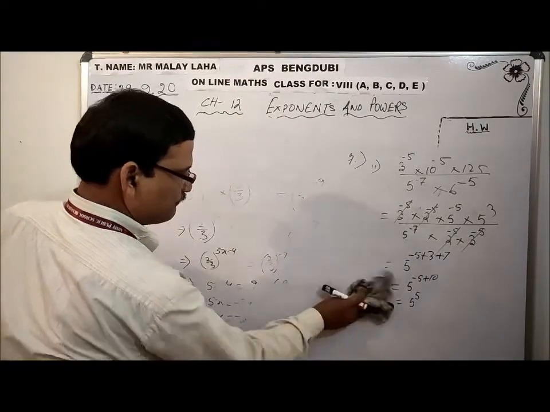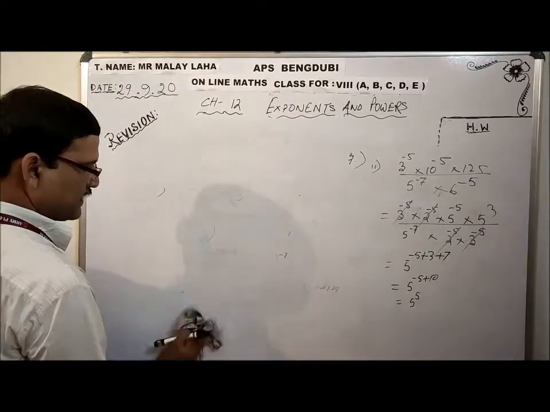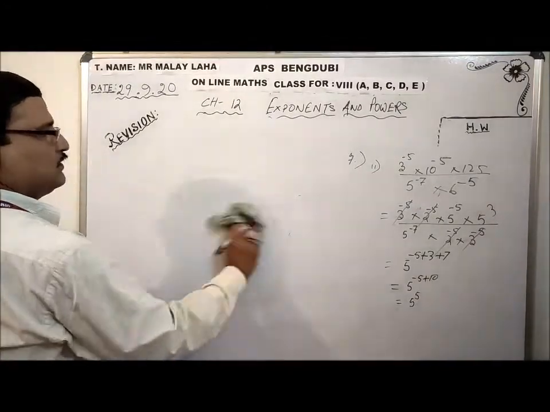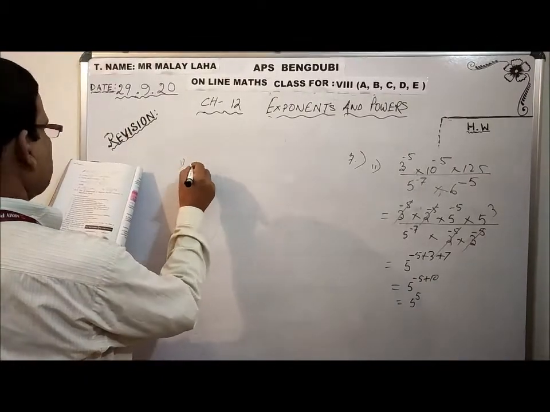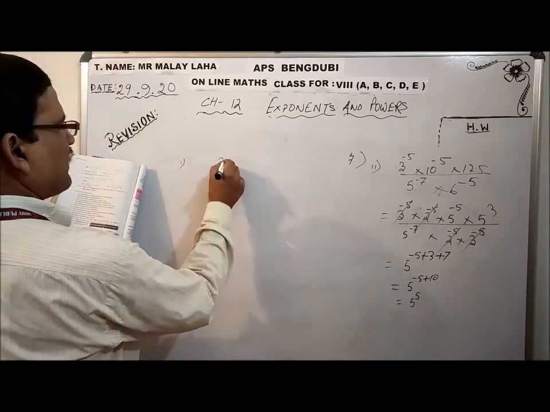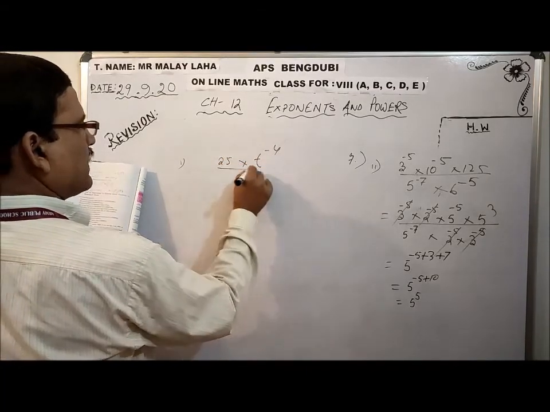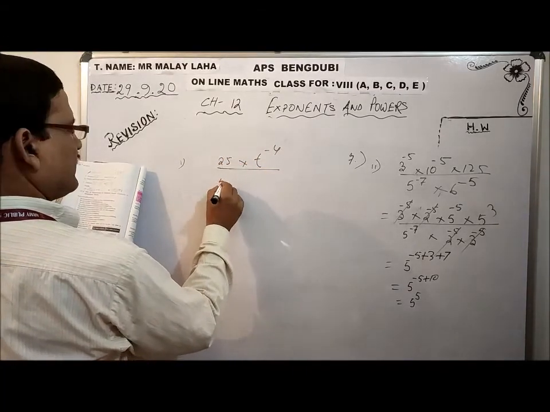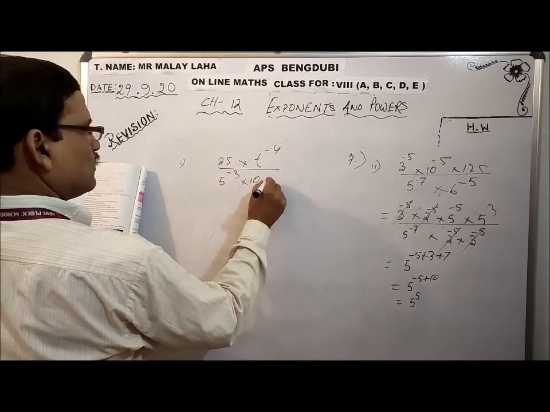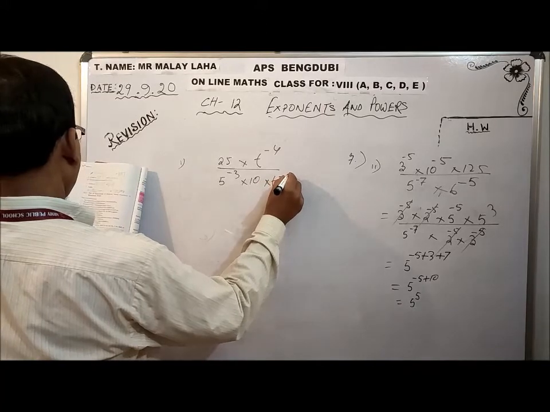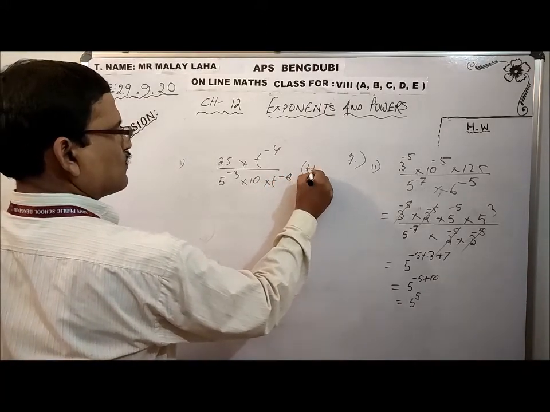So now, if time permits, I can discuss orally also. So number 1, what is this? 25 into t raised to minus 4 by 5 raised to minus 3 into 10 into t raised to minus 8, t not equal to 0.